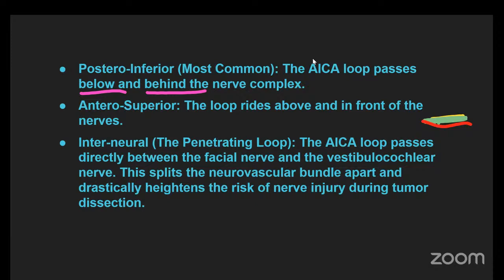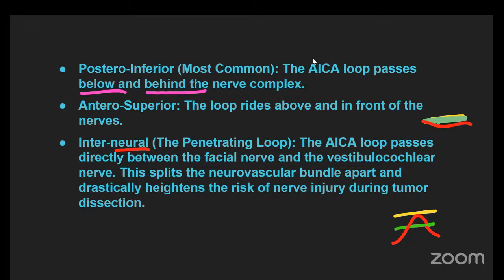The common location of AICA is posterior inferior to the nerve complex. The other common location, slightly less common, is anterior superior, above and in front of the nerves. Then there is a variation which is interneural. You have the facial nerve and the vestibulocochlear nerve, and AICA makes a loop in between them.